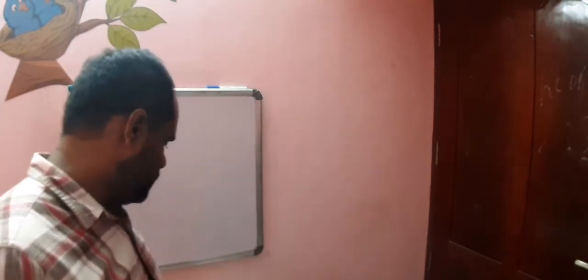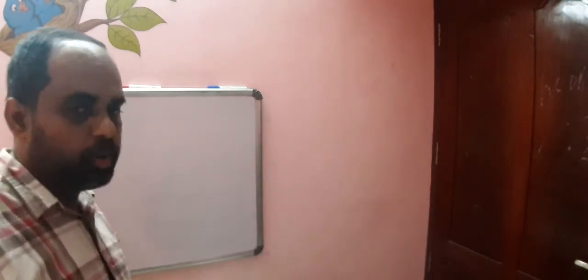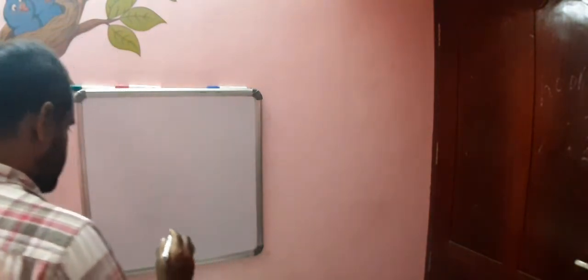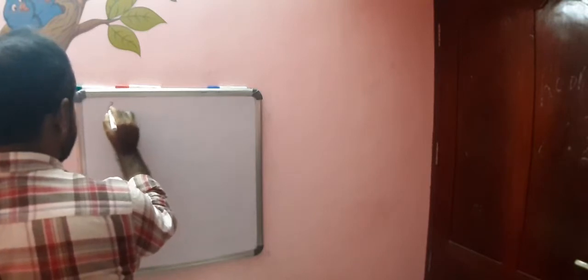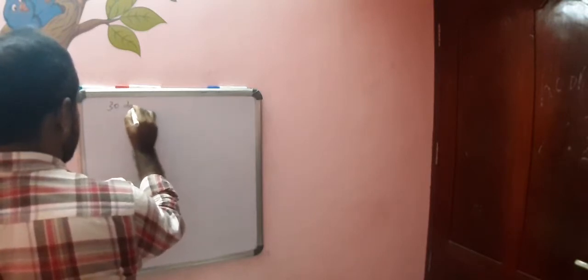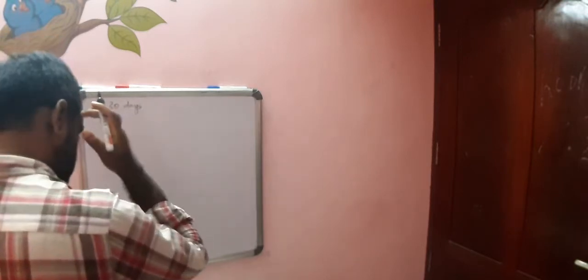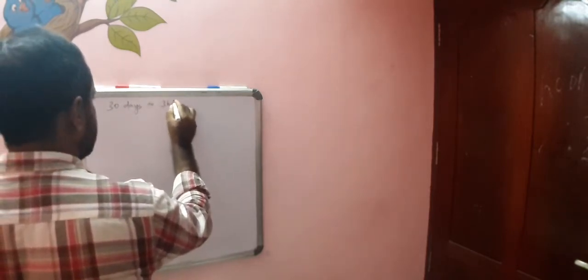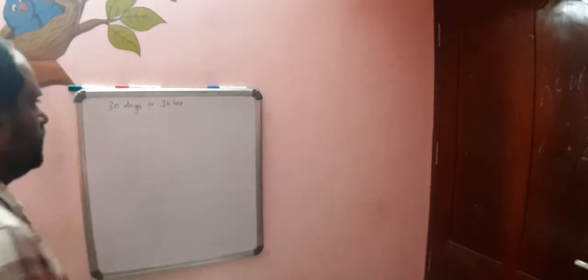Okay children, hope you have understood the concept of ratio. Now we will do two more examples before we wind up. The question here is you have to find the ratio of 30 days to 36 hours.